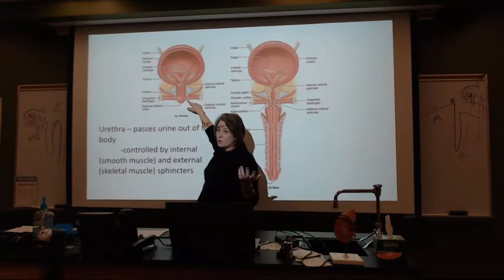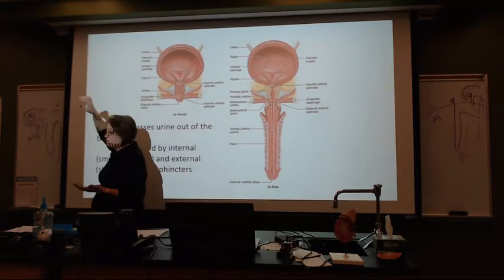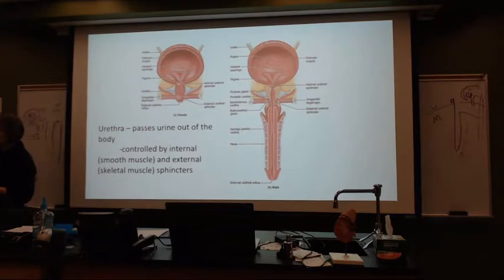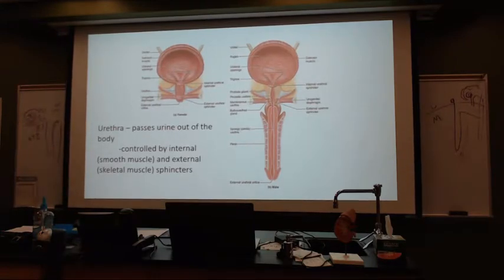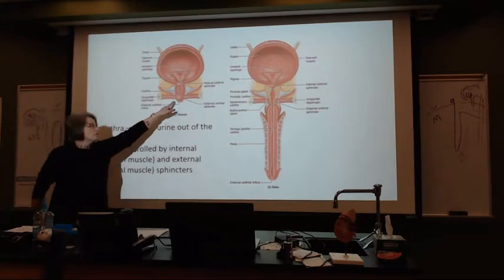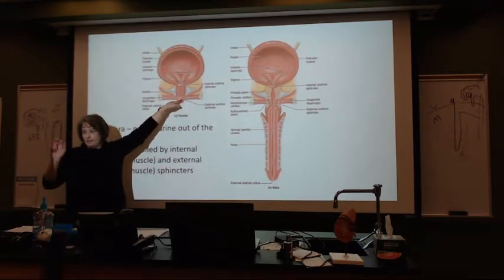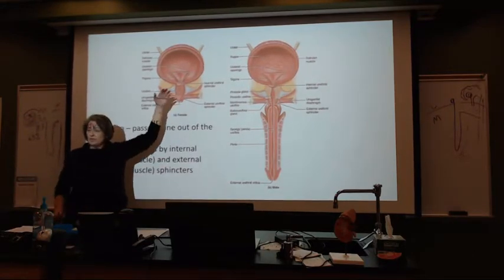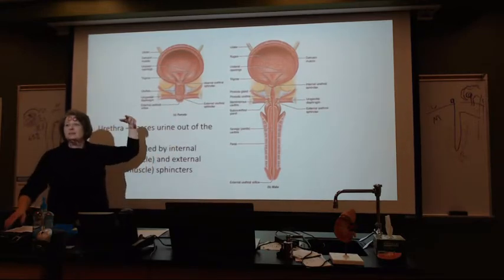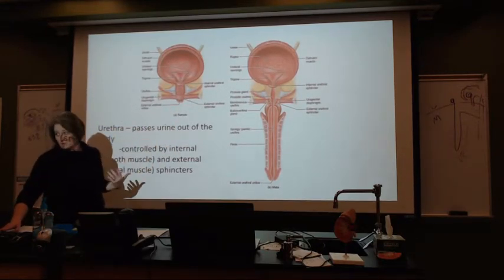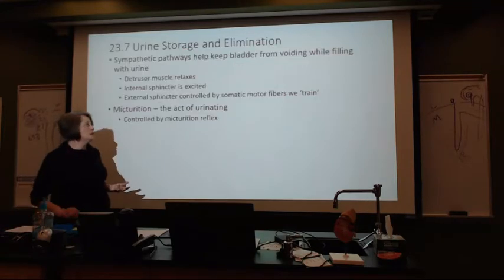As babies are born and go through their toddler years and begin to be potty trained, that's the muscle that they're training, because that is the part that is the skeletal muscle for the opening of the urethra.